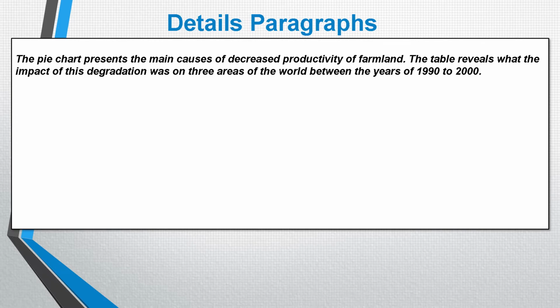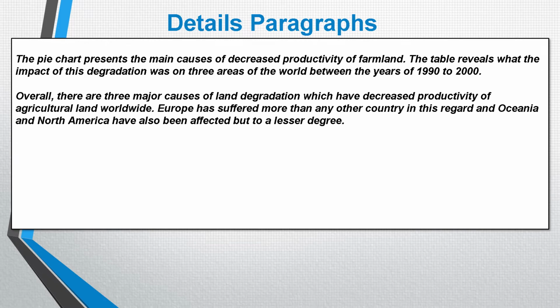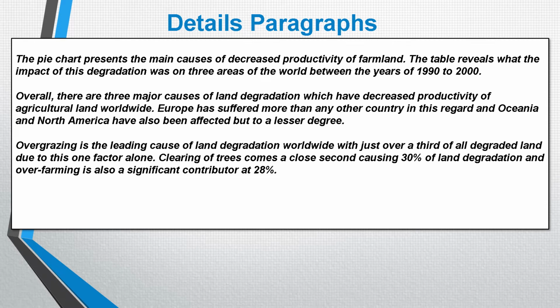And finally, we're going to add the details paragraphs. So the first details paragraph is relating to the pie chart only, and that reads: overgrazing is the leading cause of land degradation worldwide, with just over a third of all degraded land due to this one factor alone.